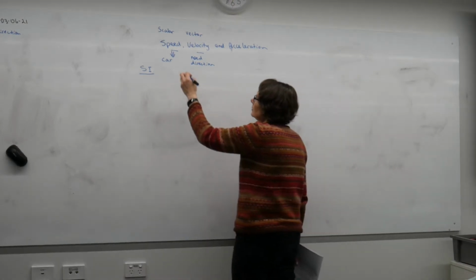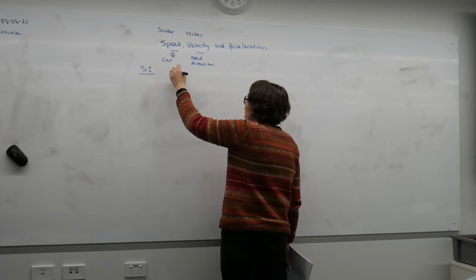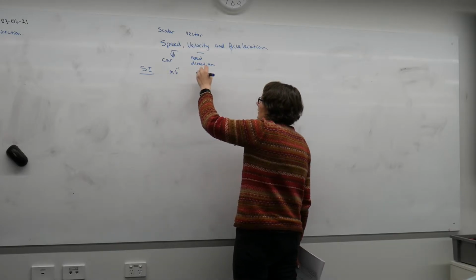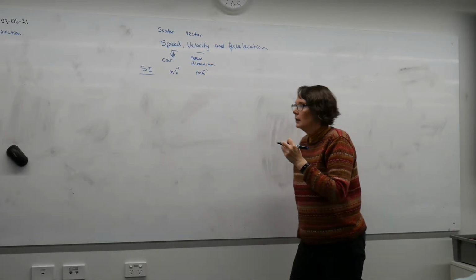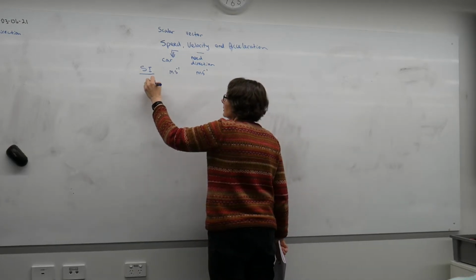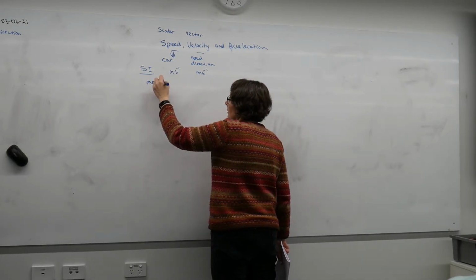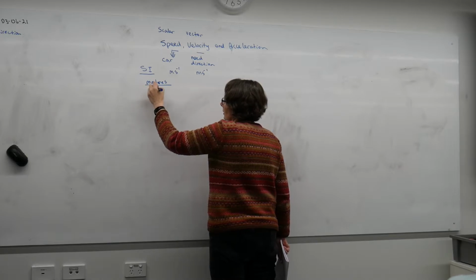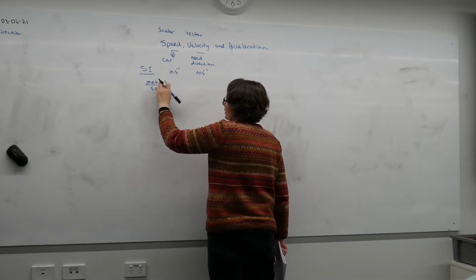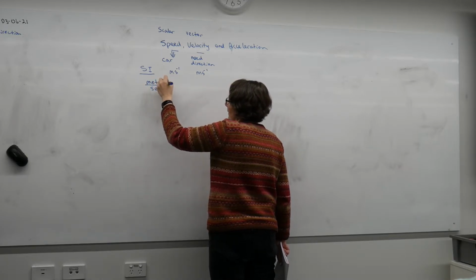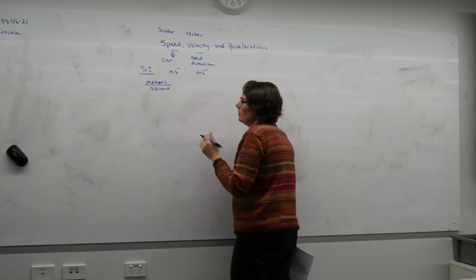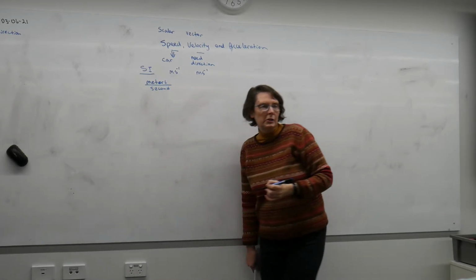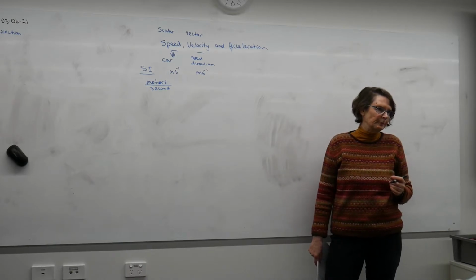So the SI unit for both speed and velocity is meters per second. Meters per second means that you've got your meters and you divide it by the seconds.